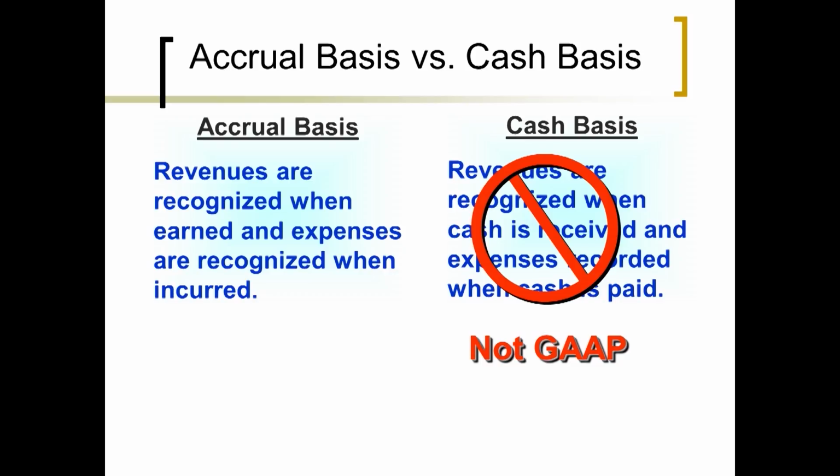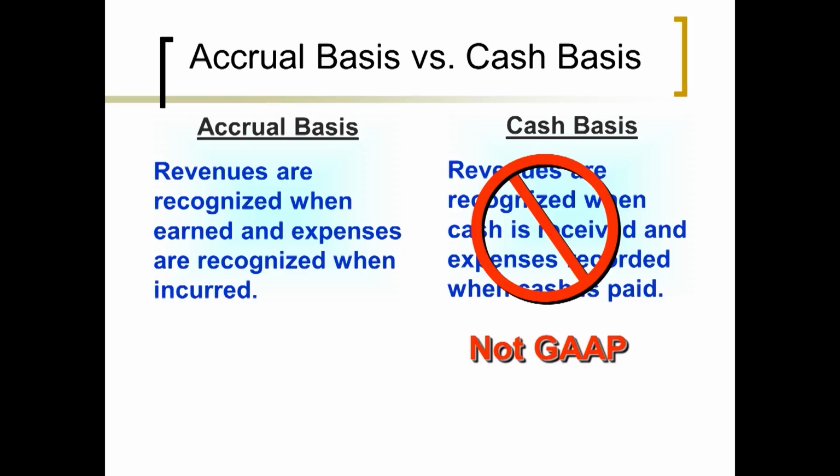What we use and what I have been teaching you is what is known as the accrual basis of accounting. The accrual basis of accounting. And with the accrual basis of accounting, we recognize revenues when they are earned. And when are they earned? When we provided the product or the service, correct? We talked about that with the revenue recognition principle, correct? So the accrual basis is what we use.